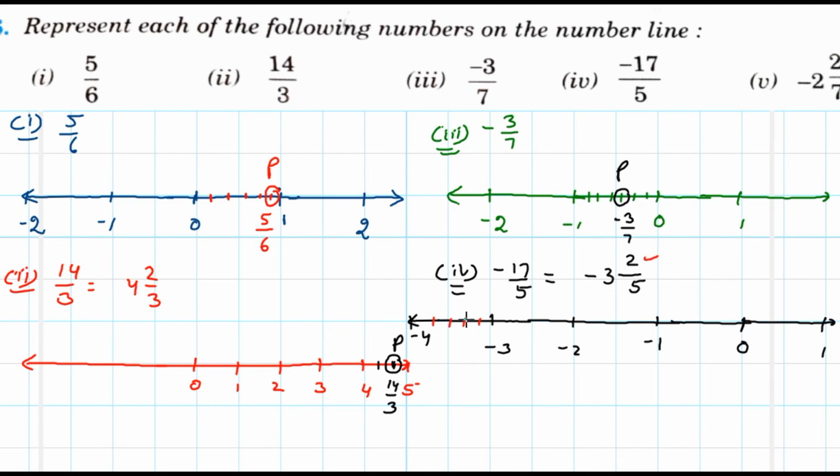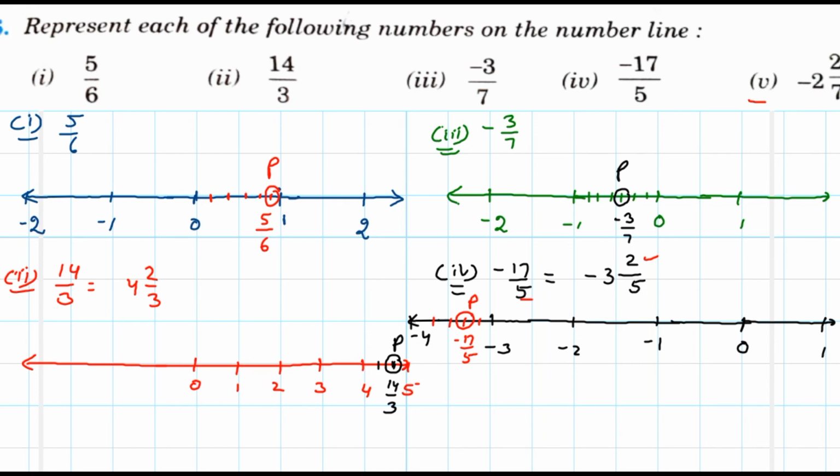So 1 and 2, I will mark it here. This is my point P, and this is minus 17 upon 5. This is representing my minus 17 upon 5, right? So now we are going to do the last part here, that is part 5th.